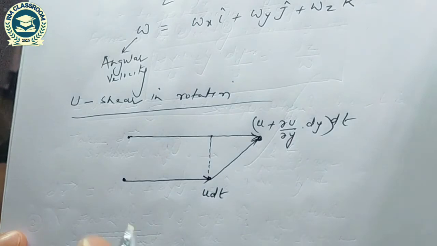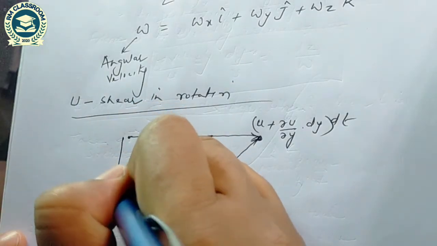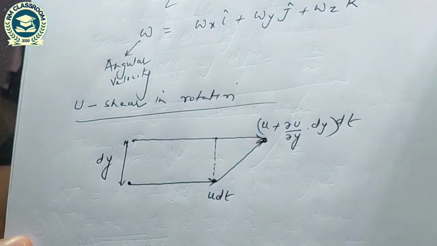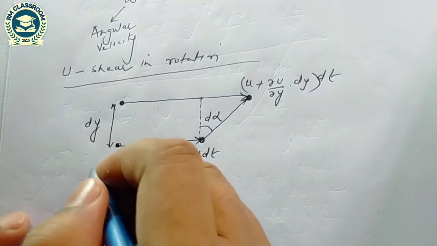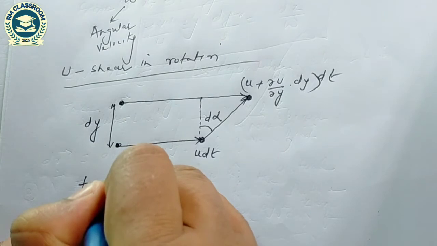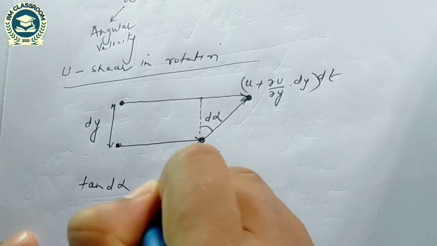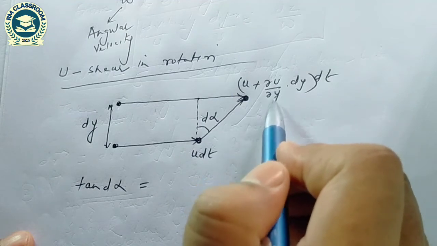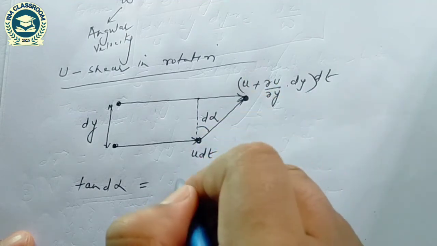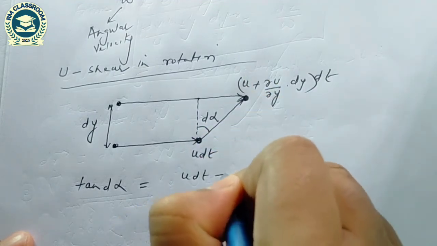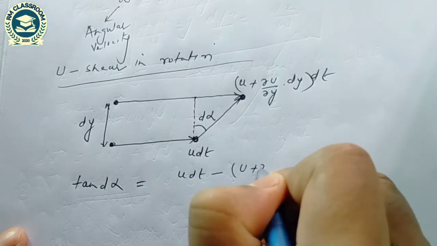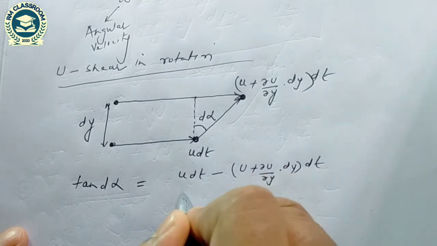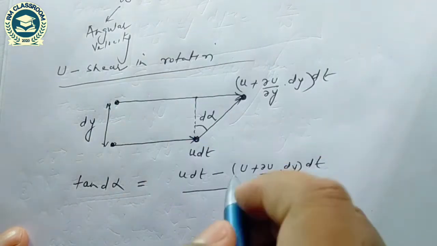And the distance between this is dy. So if I write tan d alpha is equal to u dt minus u plus del u by del y into dy dt, divided by this distance, which is dy.